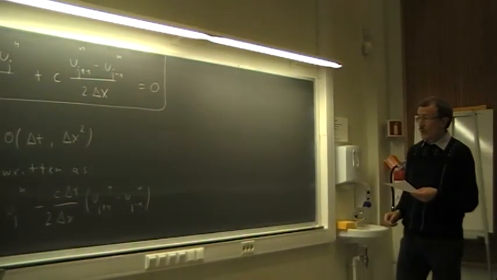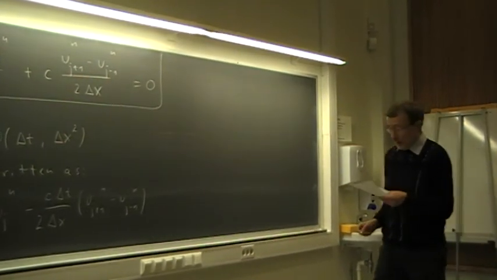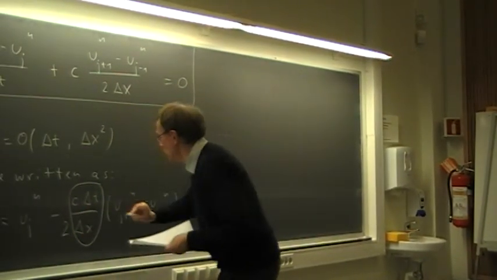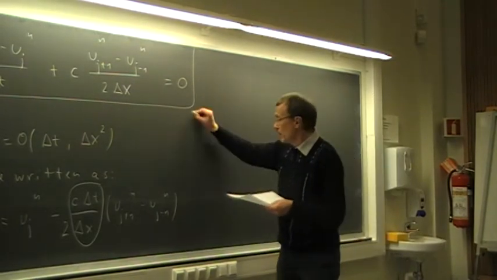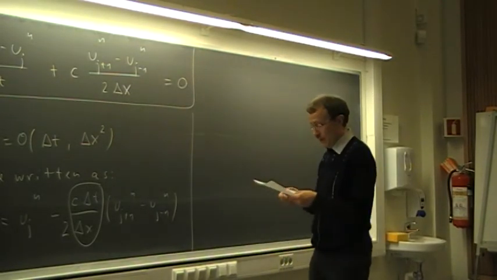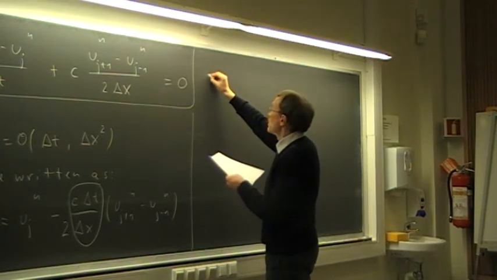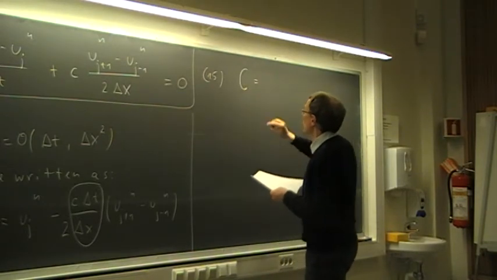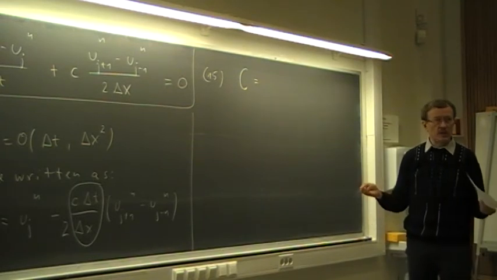There is a certain number appearing that will play an important role further on, and it is this number here. And that has a special name, and that is quite important. We call it here in the lecture C. In the book it is called mu. I don't like it because mu is kinematic viscosity.